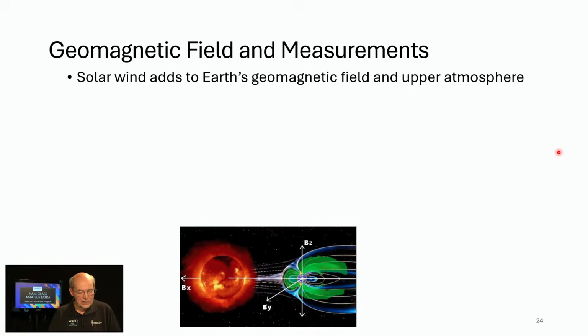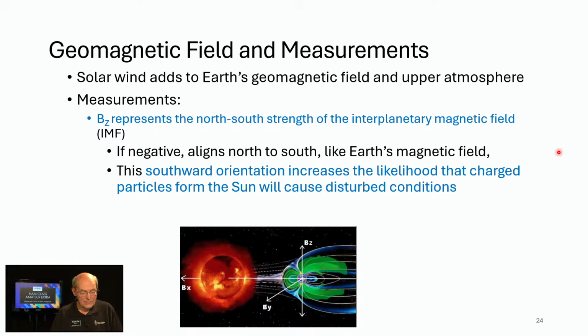Okay, so the solar wind will add to the Earth's geomagnetic field and upper atmosphere. It's pulling that stuff in. And then in the context of the pool questions you need to know about, B sub Z represents the north-south strength of the interplanetary magnetic field, or IMF. So that's the orientation of the solar wind coming in our direction.